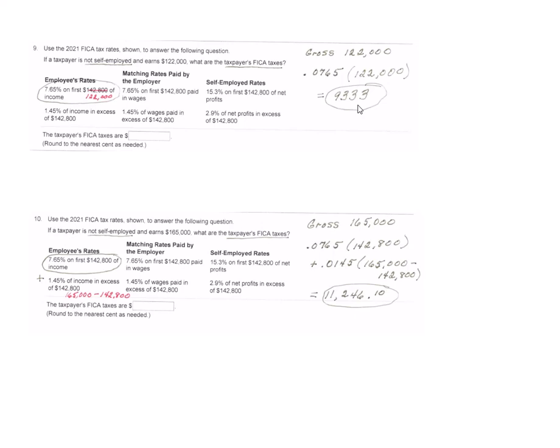Now, you never see this money. This money is taken out before you get your paycheck. So you can look and see it has been taken out. They certainly don't take all of this out at once. They take it out month by month to accumulate to this.